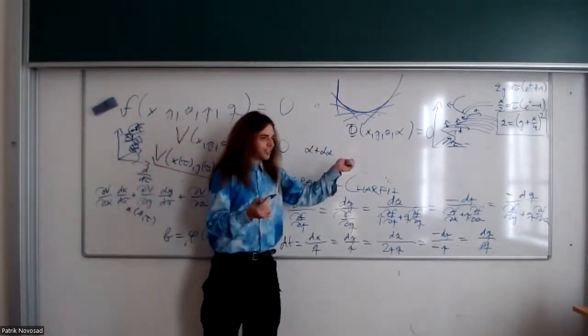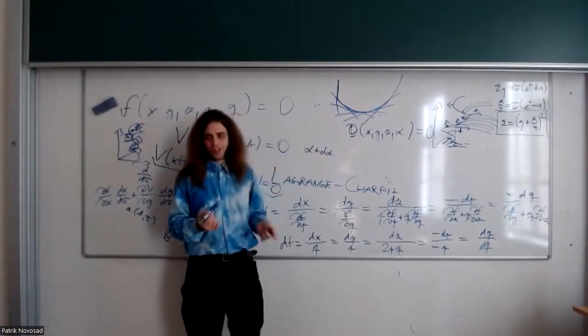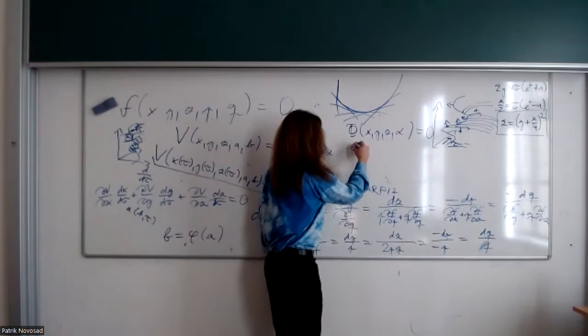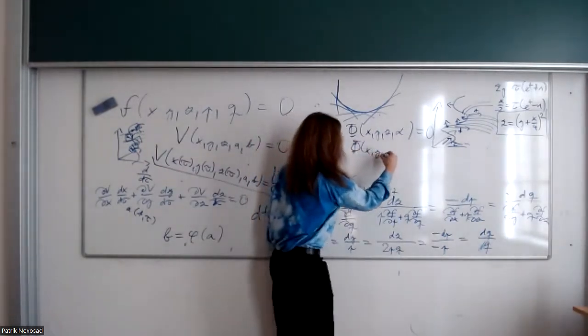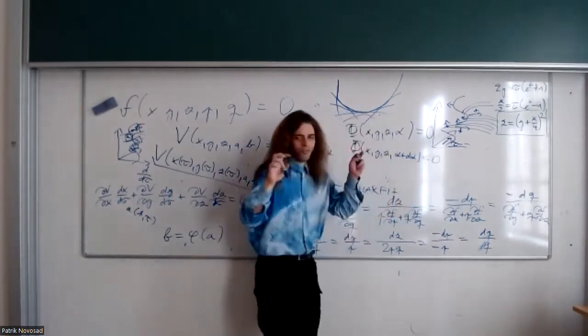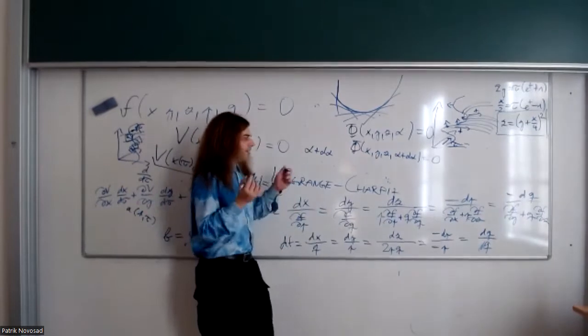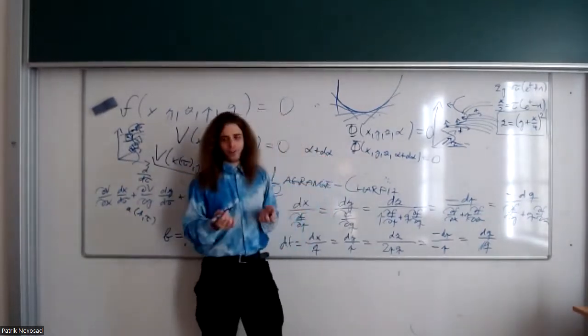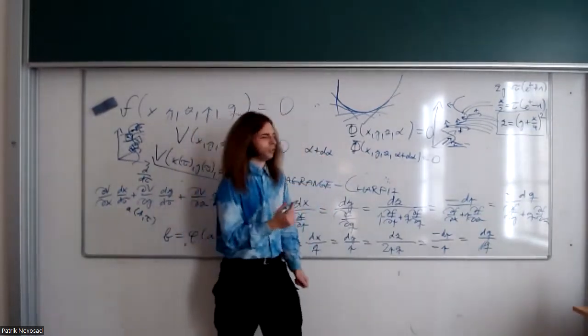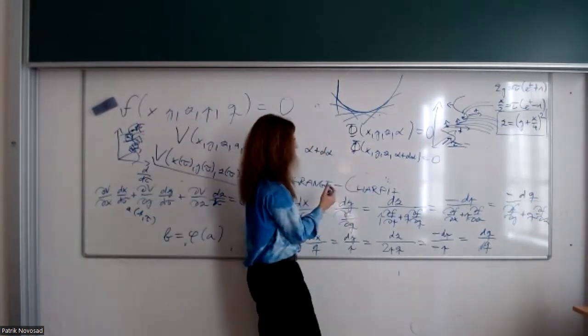So the intersection is given by the points that satisfy this equation. And of course, they need to satisfy the equation of the very next surface when I move the parameter. And if this change of the parameter is very small, of course, we could just approximate it by the differential.